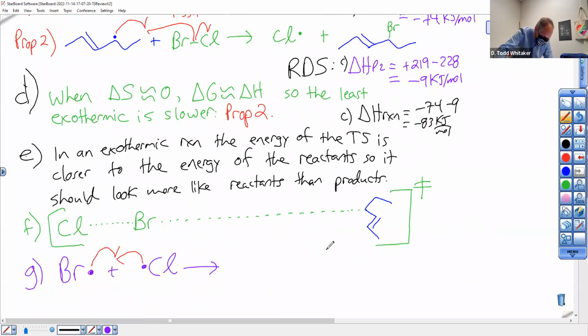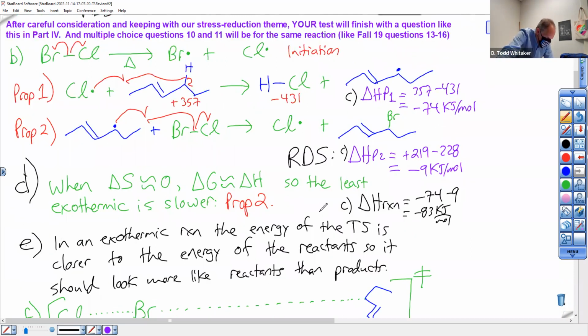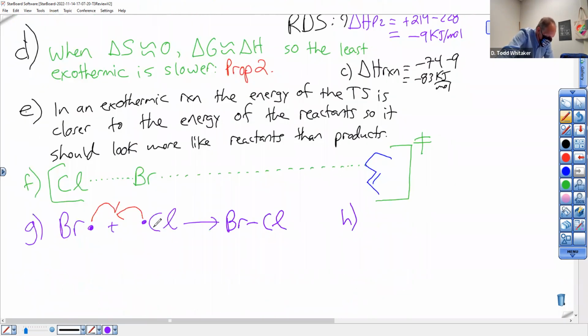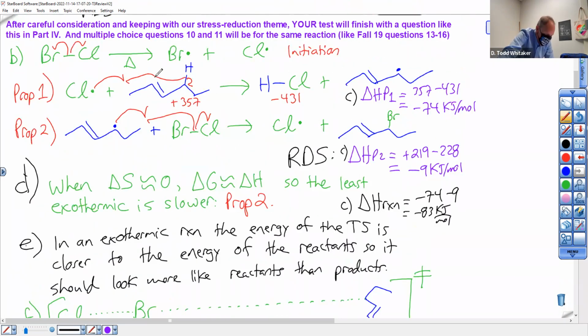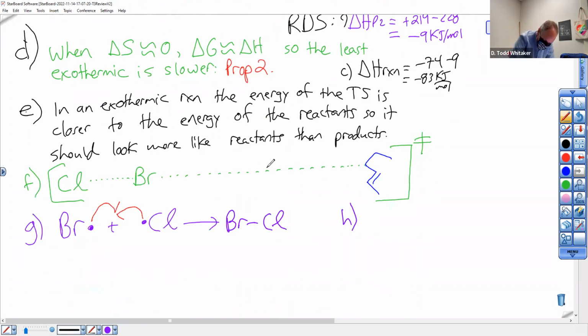You made Burkle. You made Burkle, and in H, whichever of these steps required one of these radicals for the reaction is now shut down. So the first one, you just killed prop one. That's why it's bad.